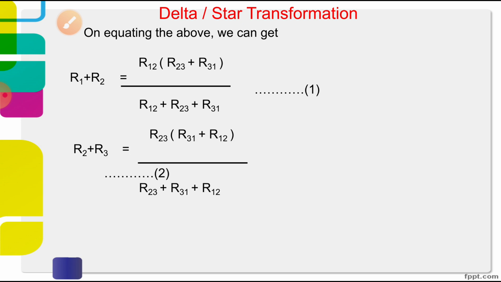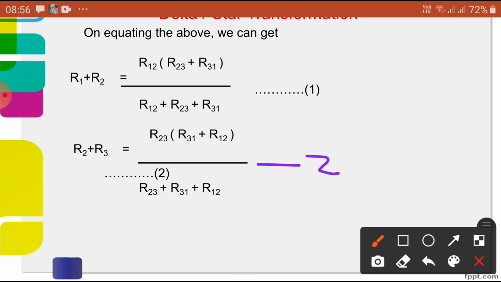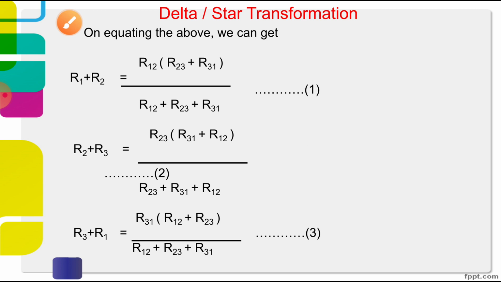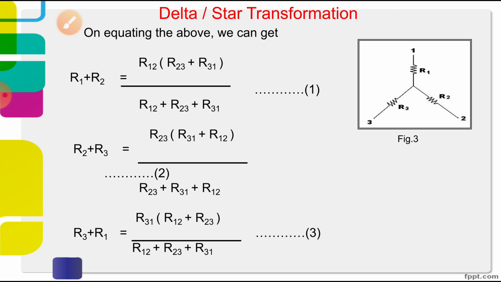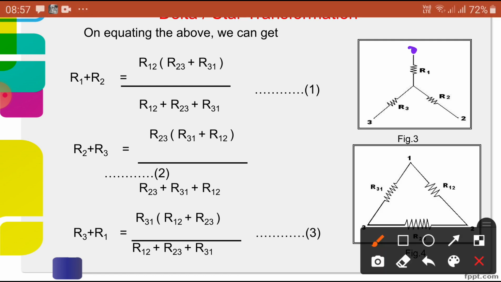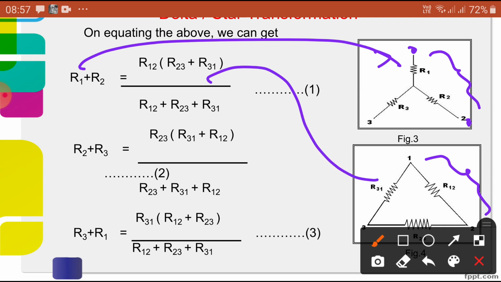Next, R2 plus R3 equal to this, which is equation number 2. Another, R3 plus R1, is the third equation that you have derived just now. Do not confuse it. Whatever this terminal R1 plus R2 is, we assumed the equivalent value, this value across terminals 1 and 2.